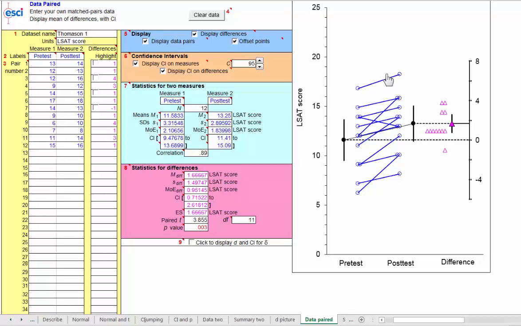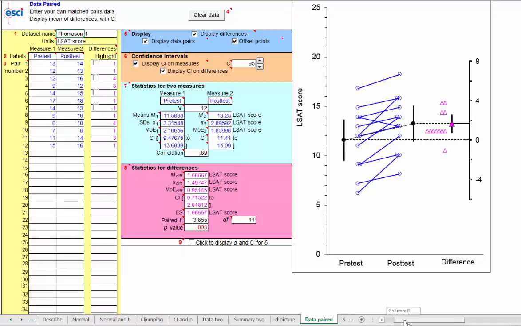That's a high positive correlation between pre-test and post-test. And in fact, here the correlation is 0.89, very high positive correlation, given that the maximum is 1. And that corresponds with these differences being tightly clumped and a short confidence interval on our effect size.